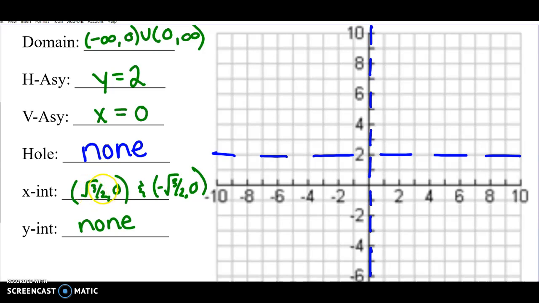The square root of 3 over 2 is some decimal that's just over 1, so I'm just going to approximate here. Then I have its symmetric point for the negative square root of 3 over 2. Based off of that, I can fill in my curve here. I have an idea of what this is going to look like. If you aren't exactly positive, you can always plug in points, a table of values, and try to get some more until you can envision what that curve looks like. And there's my graph.